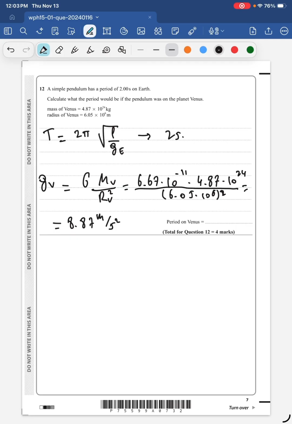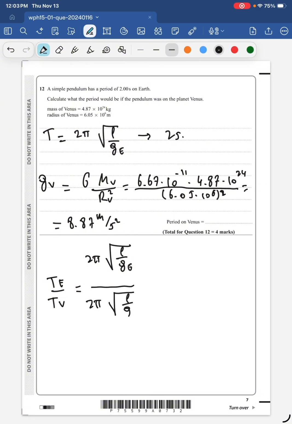Okay, so the period on Earth over the period on Venus, we can divide this, will be 2 pi square root of L over g Earth, and I'm doing this because we don't know the length of the pendulum, so we want to get rid of that.